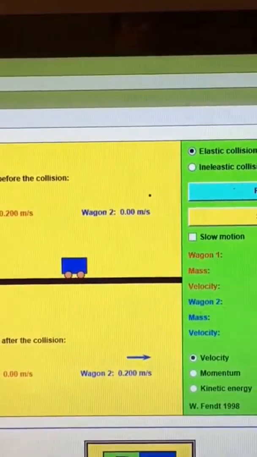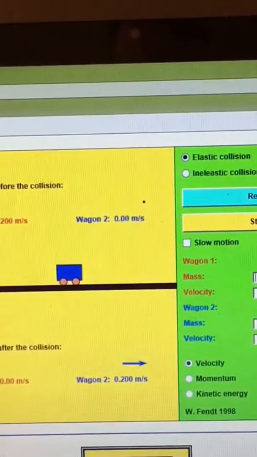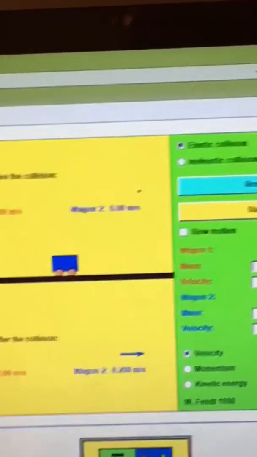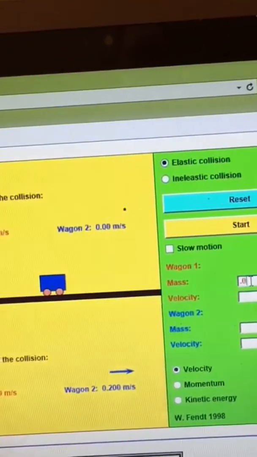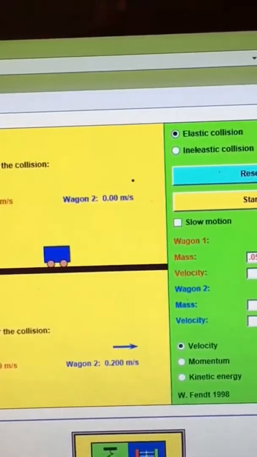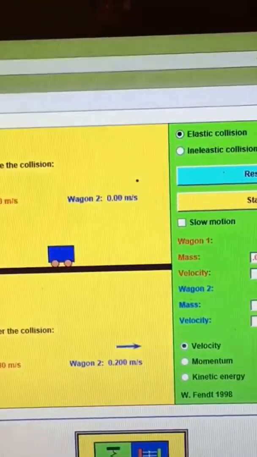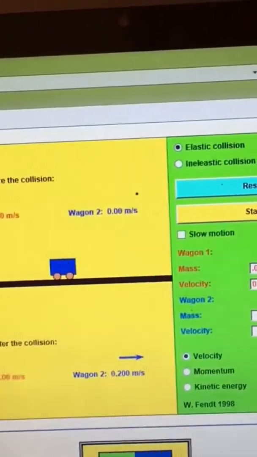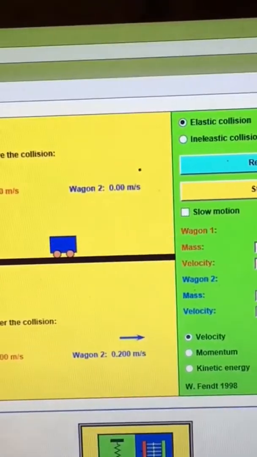For the first experiment, we will set the mass of the red cart to 0.5 kilograms and its velocity will be 0.1 meters per second.